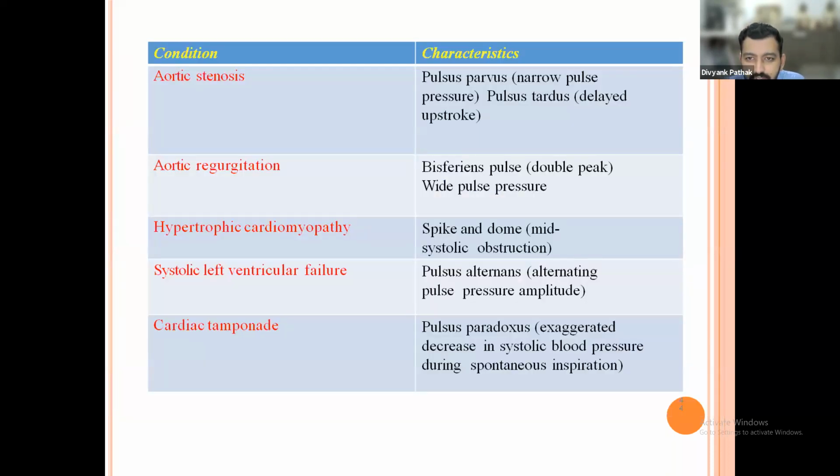In aortic stenosis, there is pulsus parvus, that is narrow pulse pressure, or pulsus tardus, delayed upstroke. Aortic regurgitation, pulsus bisferiens, double peak. Hypertrophic cardiomyopathy, spike and dome in mid-systolic obstruction. Systolic left ventricular failure, pulsus alternans, and cardiac tamponade, pulsus paradoxus.